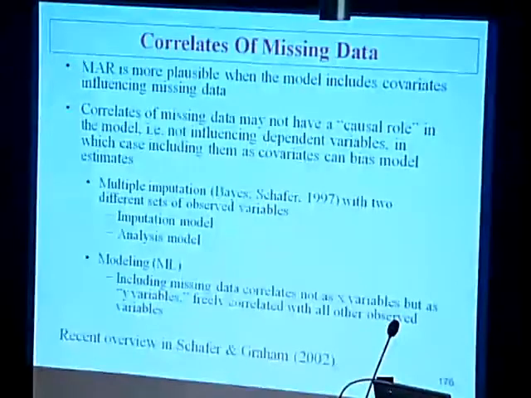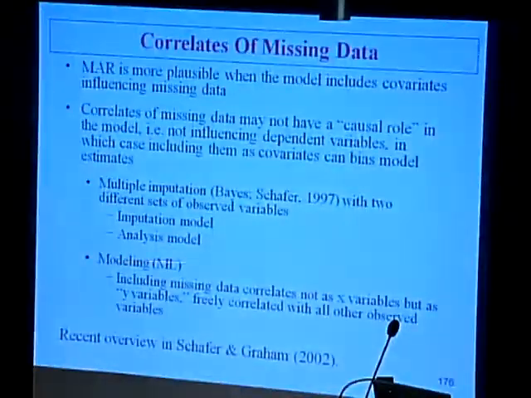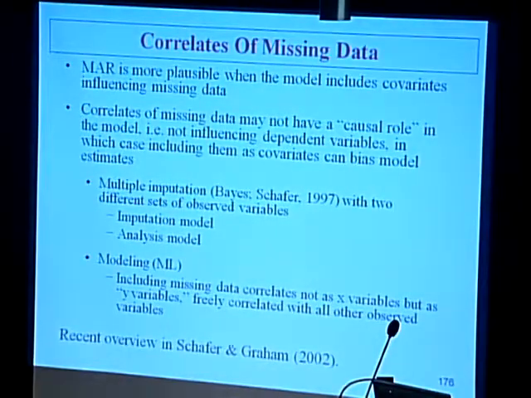Two approaches to solve that dilemma. One is the Bayesian multiple imputation approach. The other is staying with maximum likelihood and doing a little bit different modeling. The multiple imputation approach is such that you can actually work with two different sets of observed variables.